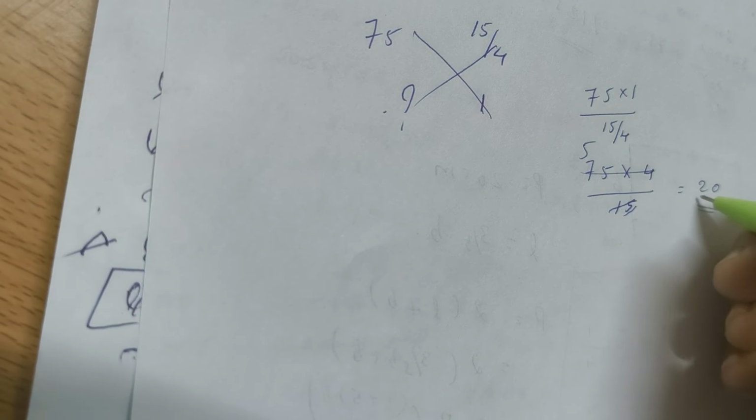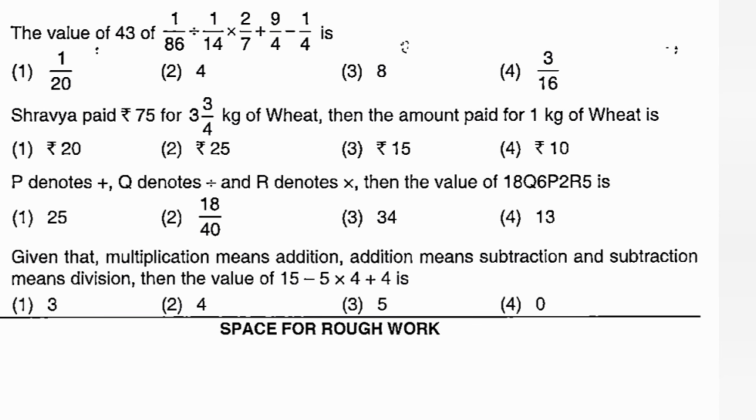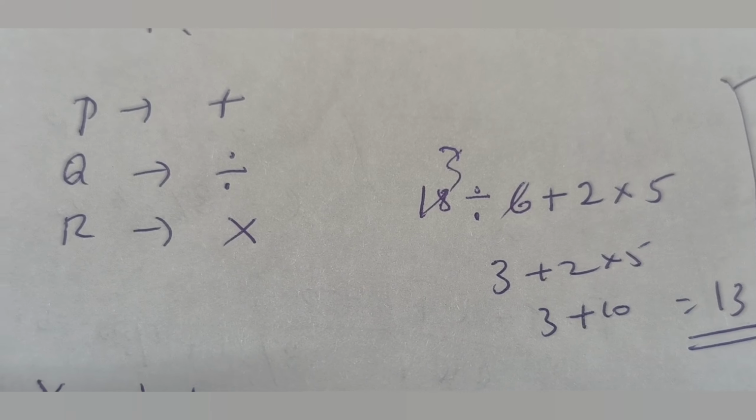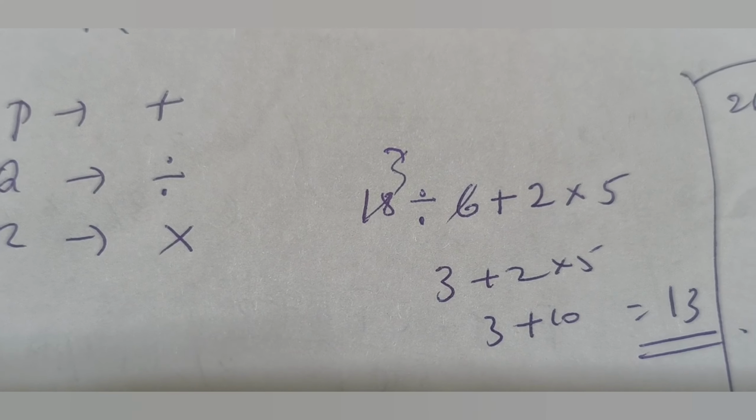If P denotes plus, Q denotes division and R denotes multiplication, then the value of 18 Q 6 P 2 R 5? Then substitute as it represents. So P is plus, Q is division and R is multiplication. By solving we will get the answer 13.